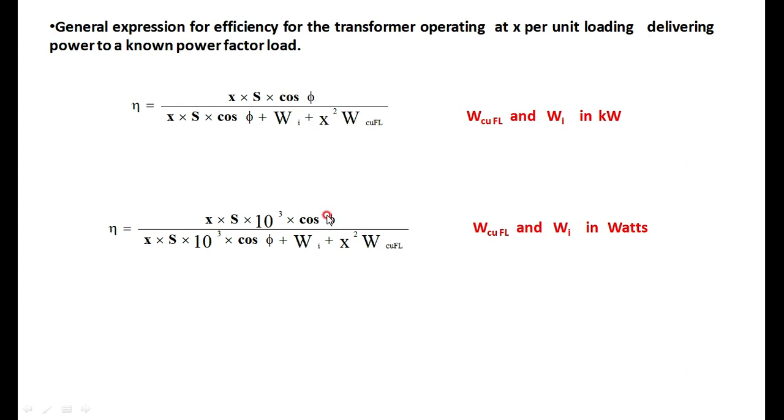For a given load, you can calculate the efficiency by Wi and WCFL, because we know the rating of the transformer. If you want to determine the efficiency at any load, you put the corresponding value of x and the corresponding value of the load, and Wi and WCFL we get from the OC and SC tests. This is how you have to calculate the efficiency of the transformer.